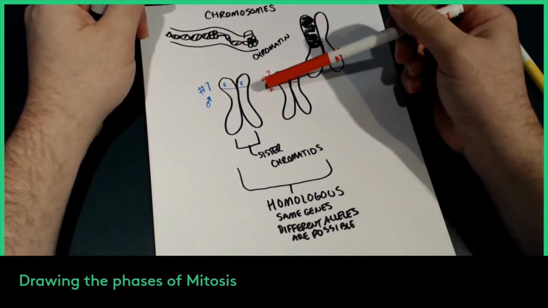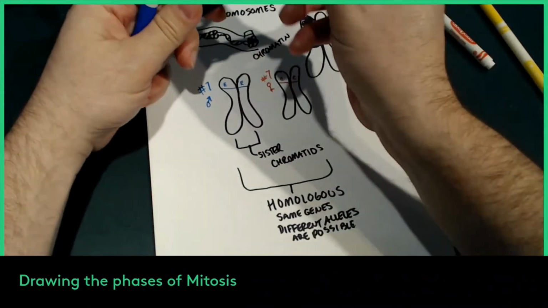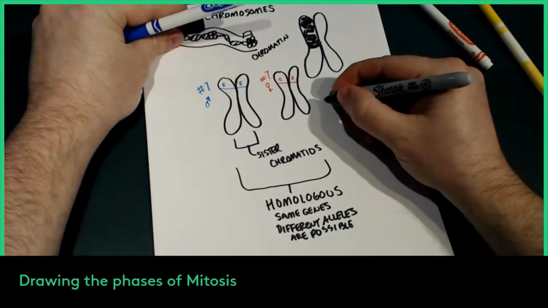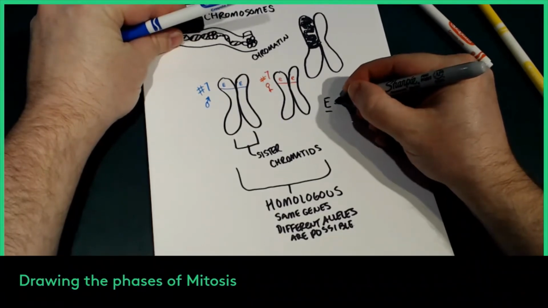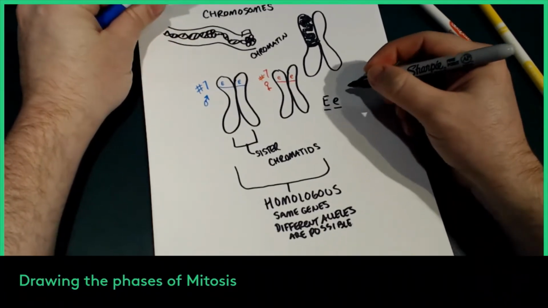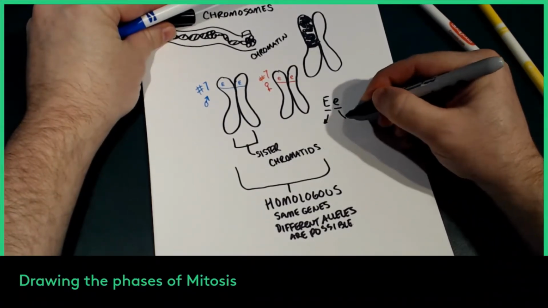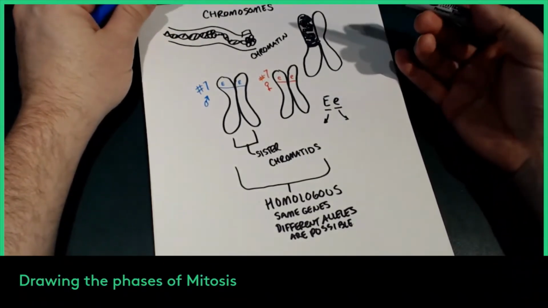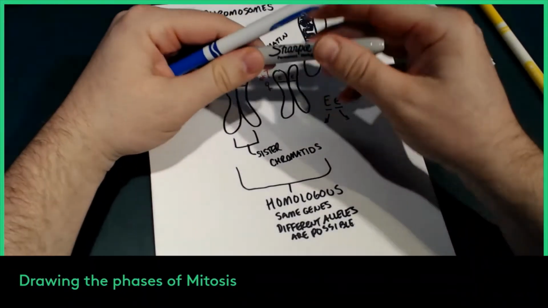So if you saw my ears, you would see that I have free earlobes. They're very big, right? And that's because I have a big E, which says, go ahead and have free earlobes. But I also carry this little e from my mom, meaning my kids could either get free earlobes or attached. It would depend on what my wife does, to see what my kids would look like. So let's go back again.